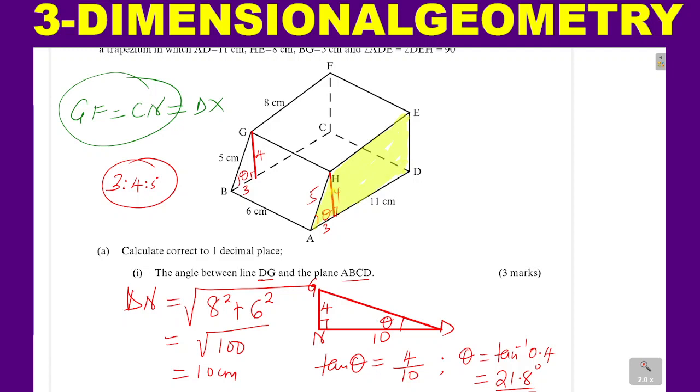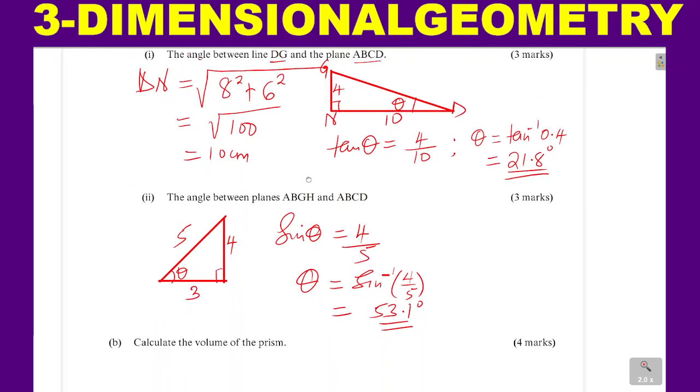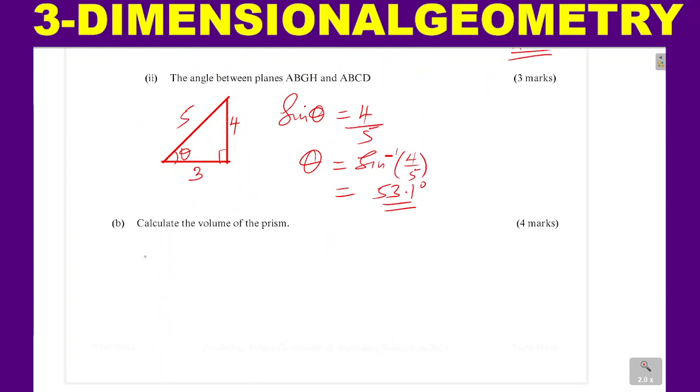To get the volume of this prism, we'll simply get the area of the cross section multiplied by the length.